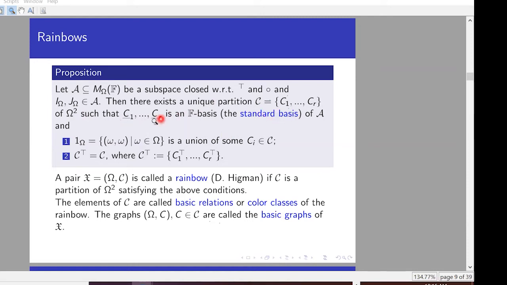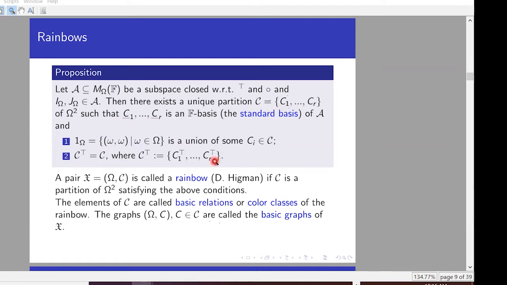And this partition satisfies two conditions. First, the diagonal relation is a union of some of my relations, and this partition is invariant under taking transposed. So a transposed relation is also in my partition.